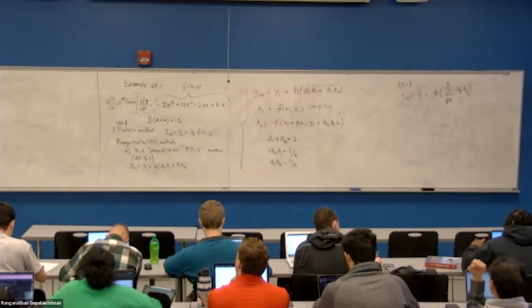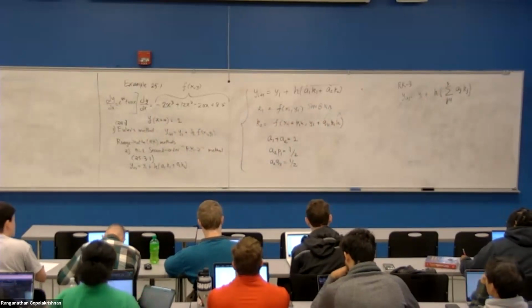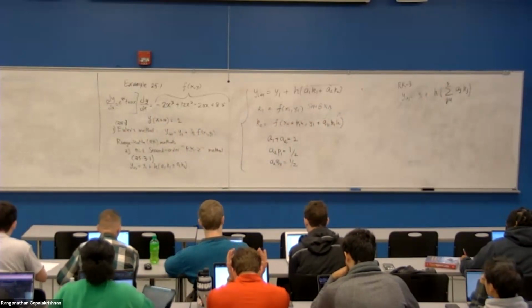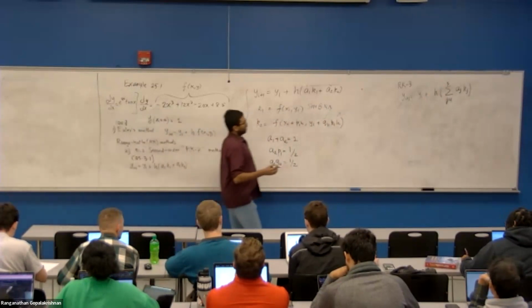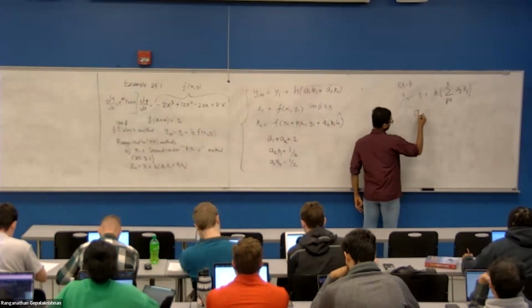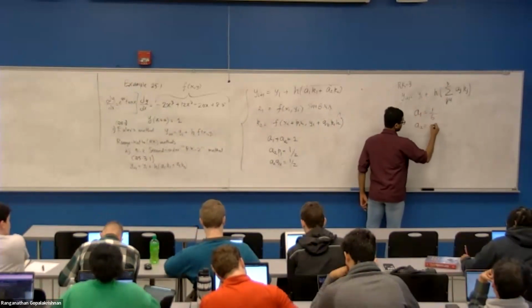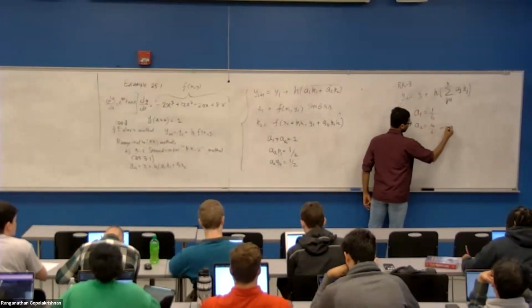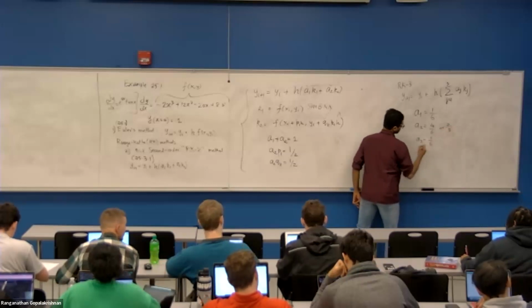What are those values? a1 is 1 over 6, a2 is 4 over 6 or 2 over 3, and a3 is 1 over 6. So the book is just presenting to you a very common variant, not the only possibility.